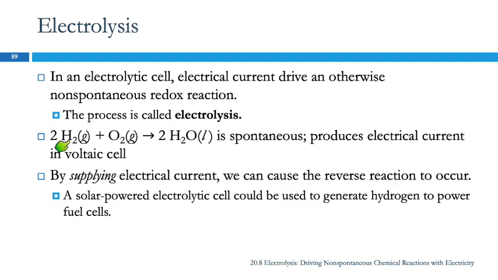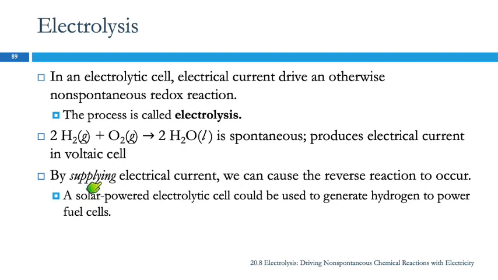So if we put hydrogen and oxygen together under the correct circumstances, they will form water, and that's a spontaneous reaction. If we have it set up right, we can use that reaction in the fuel cell to produce electrical current.